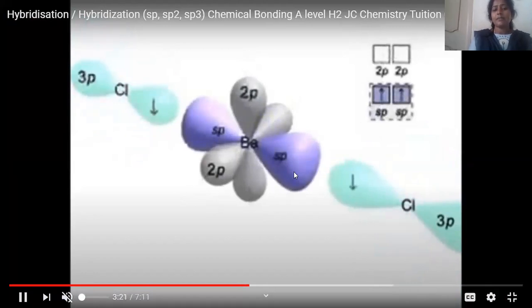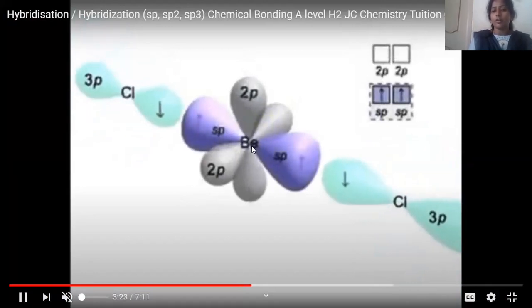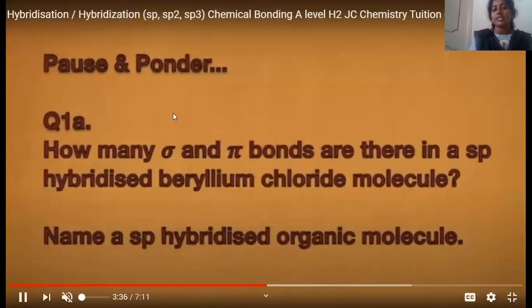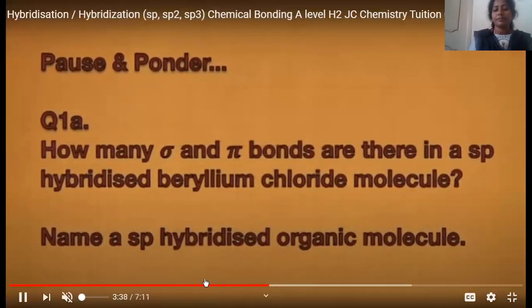This is the sp hybridized orbital because two orbitals, s and p, mixed. These are involved in the sigma bond formation with p orbitals of fluorine atoms. So this is called sp-p sigma bond formation. So these are the axial bonds and sigma bond formation is possible.